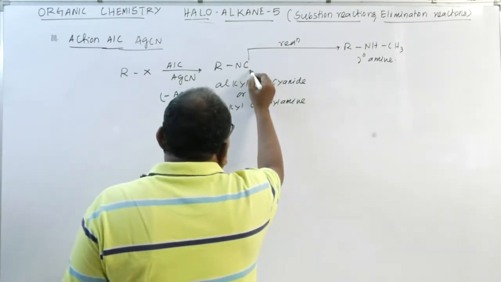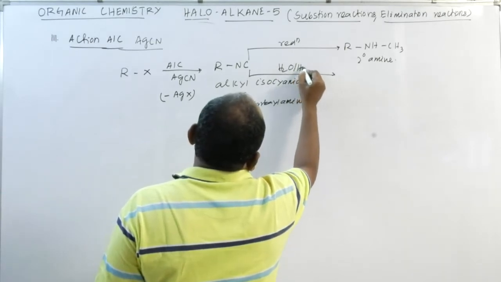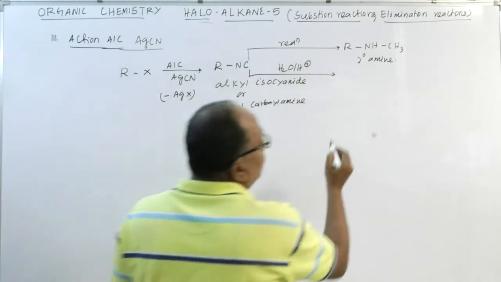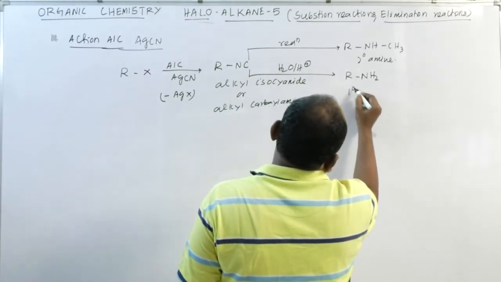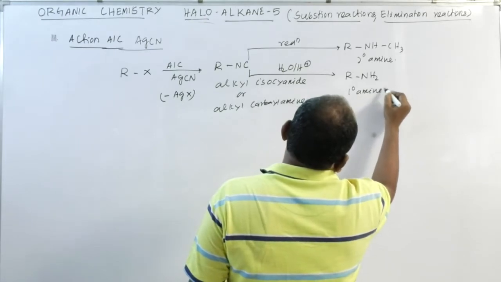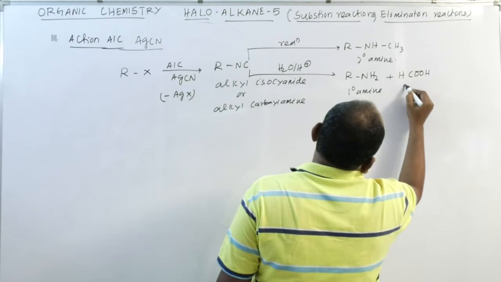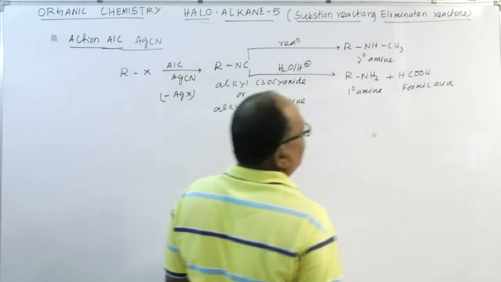And on acidic hydrolysis, it gives you RNH2, your primary amine, and the CN group on hydrolysis gives formic acid.